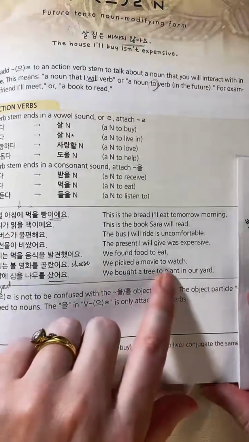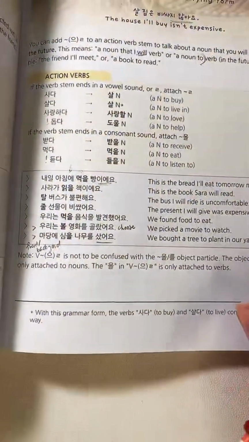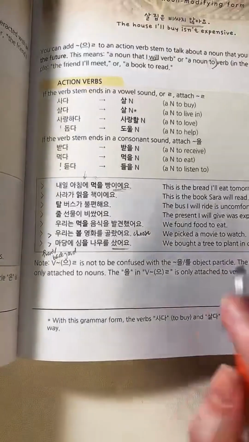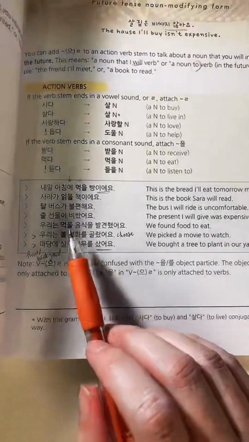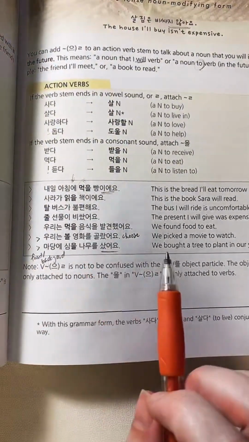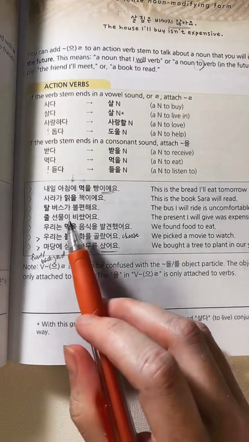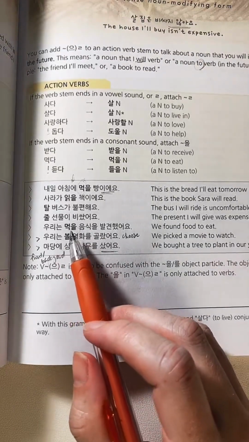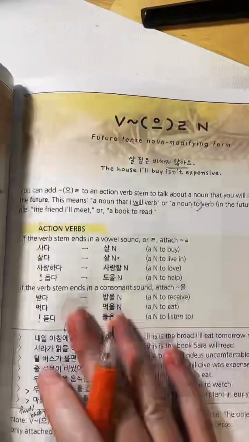So, we bought a tree to plant in our yard. And that's the three tenses, essentially. And again, this is not to be confused with the object particle. It can look identical, it can sound identical, but the object particle is only attached to nouns, and this noun modifying form is only attached to verbs.